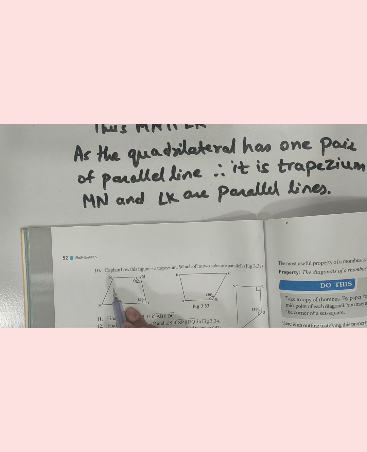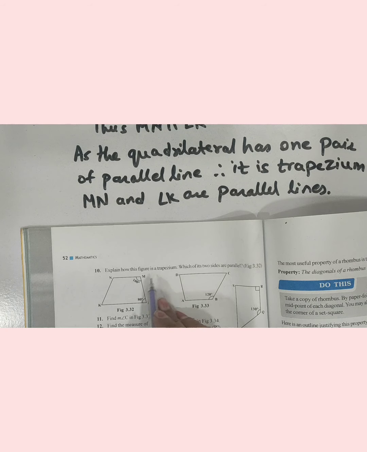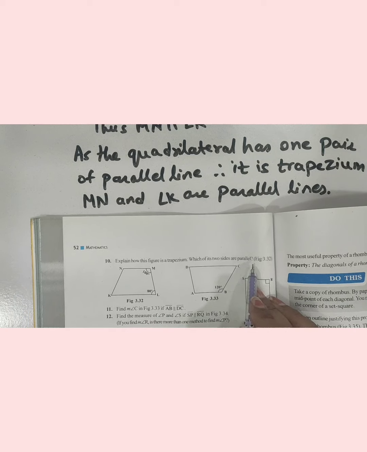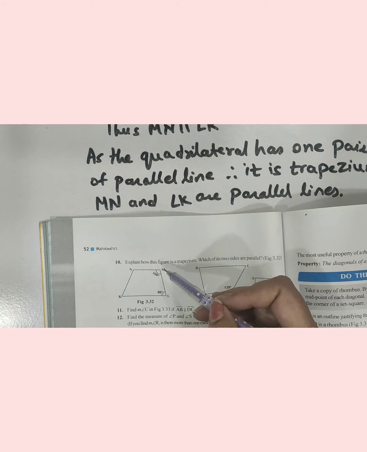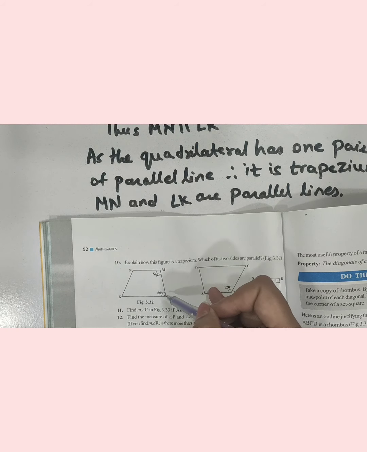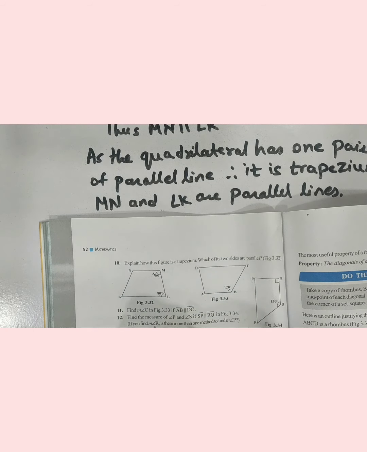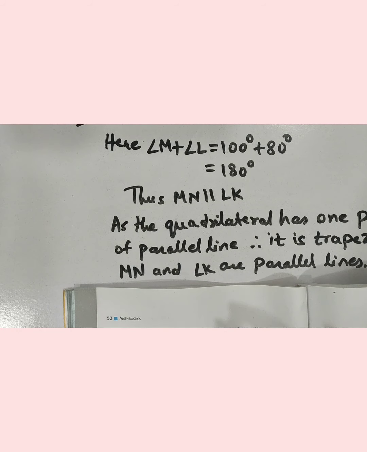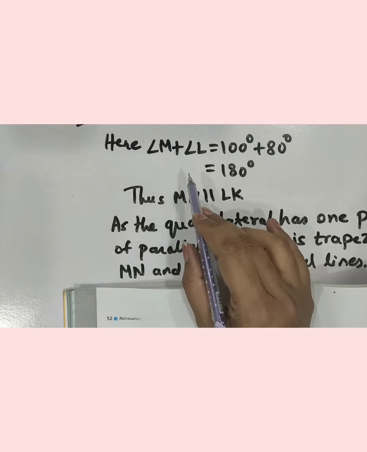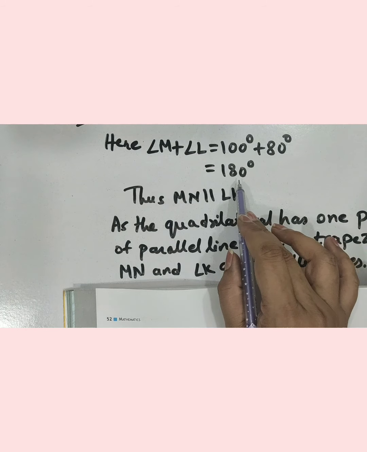Question number 10. Explain how this figure is a trapezium, which of its two sides are parallel. Now when a transversal line intersects a line in such a way that the sum of the adjacent angles on the same side of the transversal is 180 degree, then the lines are parallel to each other. Here you can see that angle M and angle L, that is 100 plus 80 degree, will give you 180.